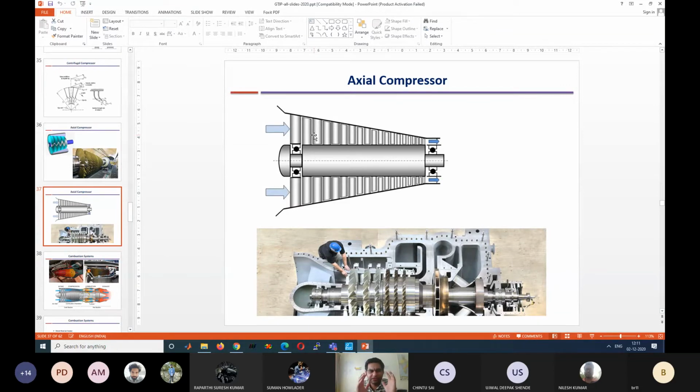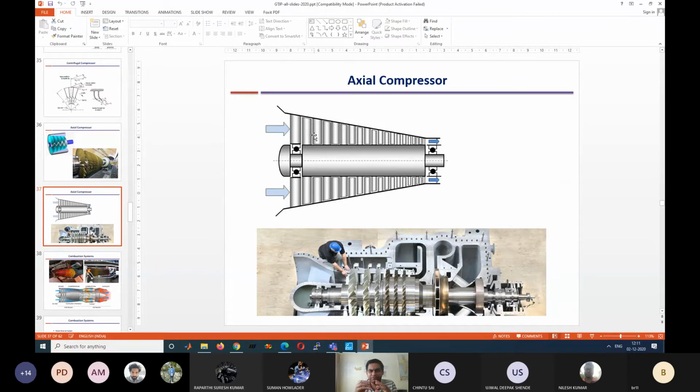If we summarize what we have learned in axial compressors: the work input in a stage, the change in static and stagnation temperature in the rotor and in the stator, the changes in relative and absolute velocities in the rotor and stator, the change in temperature and stagnation pressure, the overall pressure ratio in that stage.